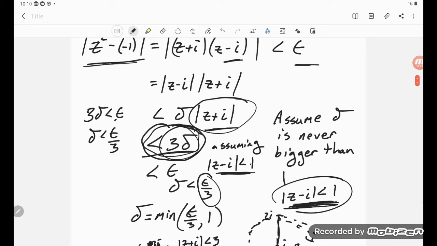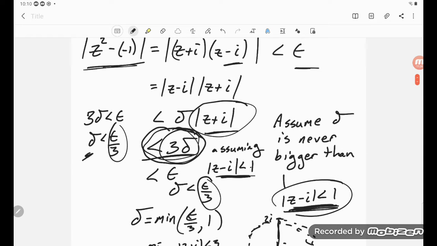Well, depending on what epsilon is, this number may be bigger or smaller than 1. If it's smaller than 1, then delta has to be smaller than 1. That's okay. I assumed it was no bigger than 1 to get my 3 delta to begin with, but it could be smaller than 1 as well, in which case I'll use epsilon over 3.